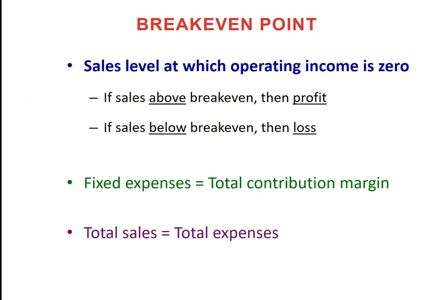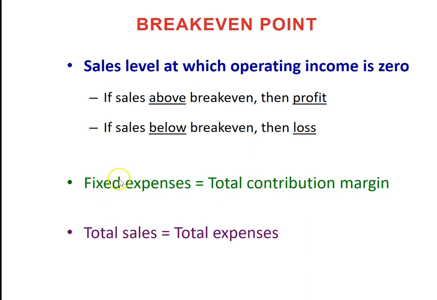So what is break-even point? Break-even point is a specific amount of units of production at which level your operating income is zero. That means if you sell above break-even point, you will start making profit. If you sell below break-even point, you will have loss.